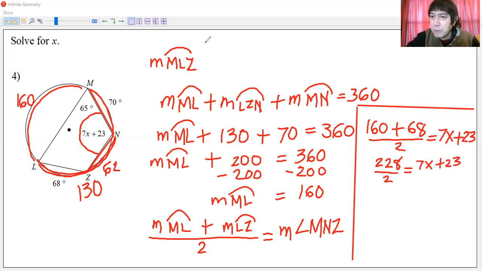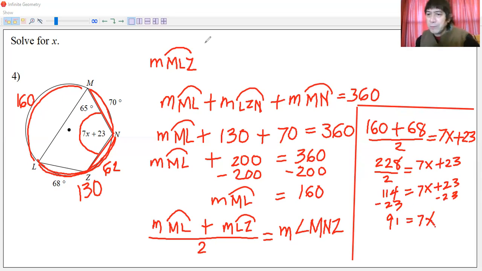All right, so this divided by 2 is 114 equals 7x plus 23. Subtract now 23 from both sides. This will be 91. We have 7x.